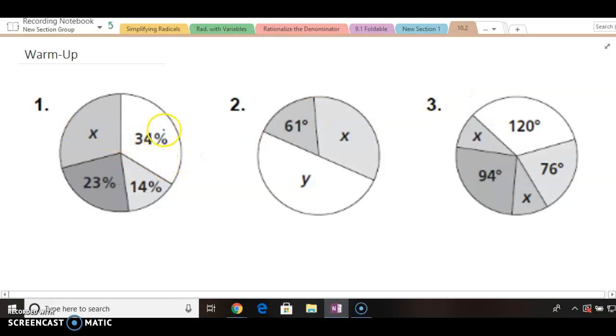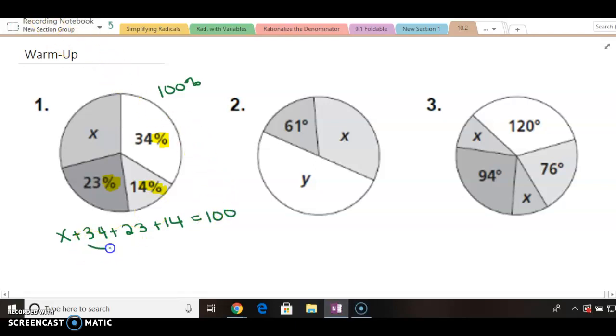So on number 1, I want you to take note that we're talking about percentages. Anytime we're talking about percentages, the whole thing should add to 100, right? So I could just set up an equation, x plus 34 plus 23 plus 14 equals 100.